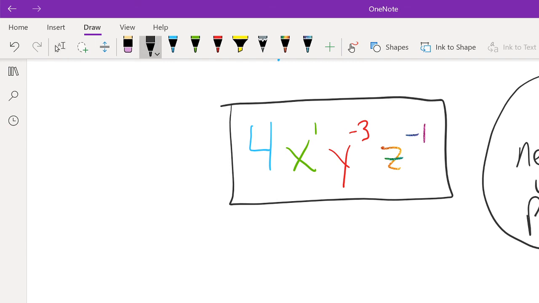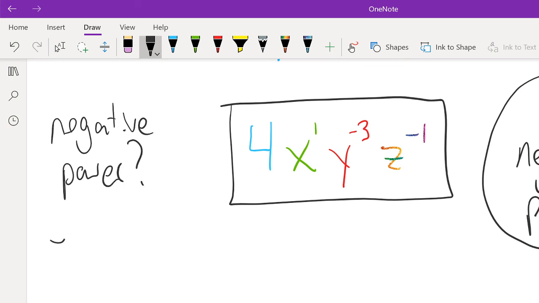So a negative power, right? Just move it. So what that means is you either move it from the top to the bottom, numerator and denominator, if you want to use the math terms. Either you move it from the top to the bottom or the bottom to the top.